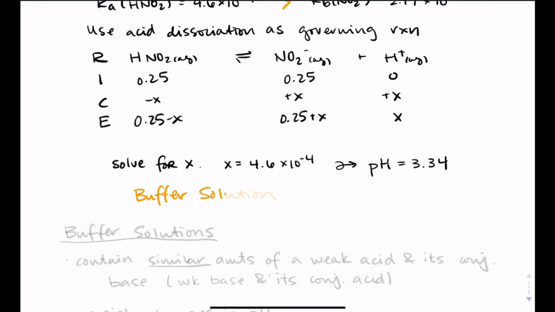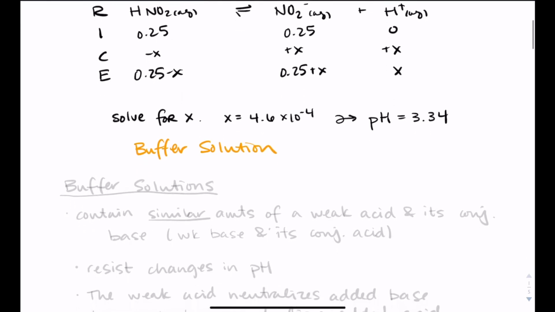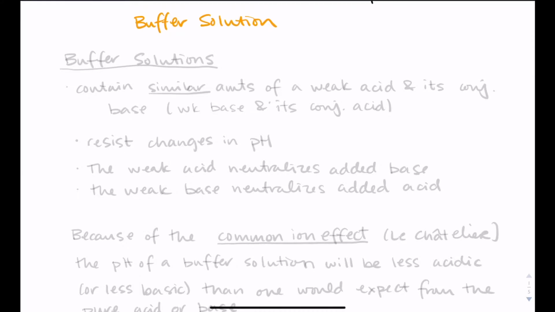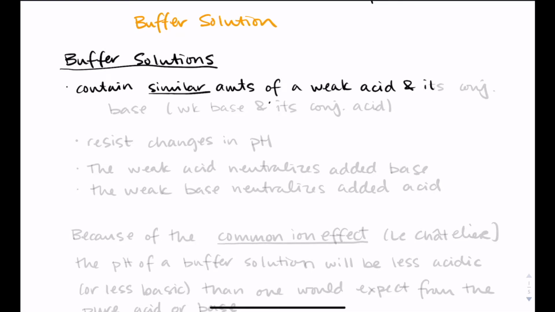You can treat this like an equilibrium, but like I said, we're going to get into some easier to apply versions of this. So a buffer solution is special, and the characteristics of it are that it contains similar amounts of a weak acid and its conjugate base, or a weak base and its conjugate acid.